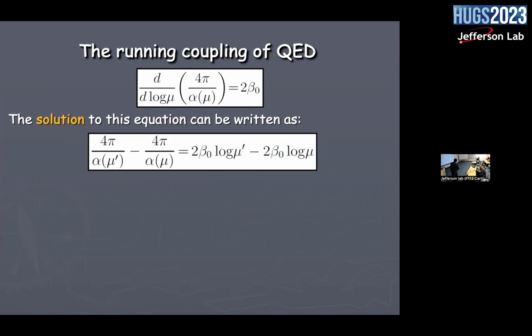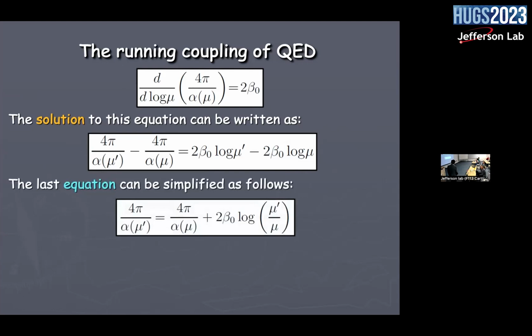You can see that when you take the derivative with respect to d log mu on both sides, these things actually cancel because these do not depend upon this scale mu. This minus sign cancels with this, and therefore we get back the same thing. So this must be a solution of this with these constants here. We have just written it in a way that will be convenient for me to give meaning to what we are doing.